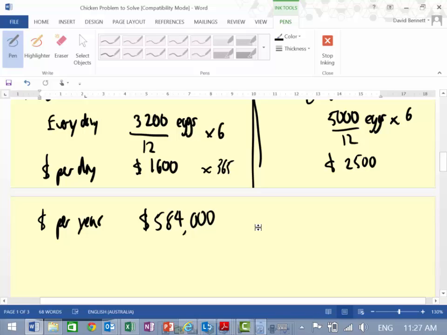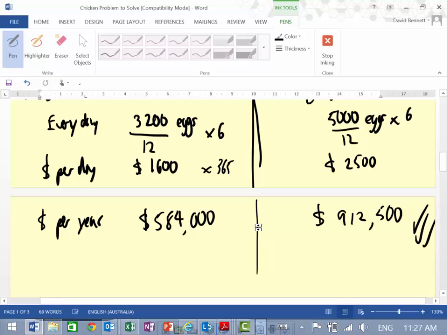Alright, and over here, how much are we making in a year for the 2,500 a day scenario? How much? Okay. Which chicken farmer do you want to be? The rich one. I want to be this one over here.